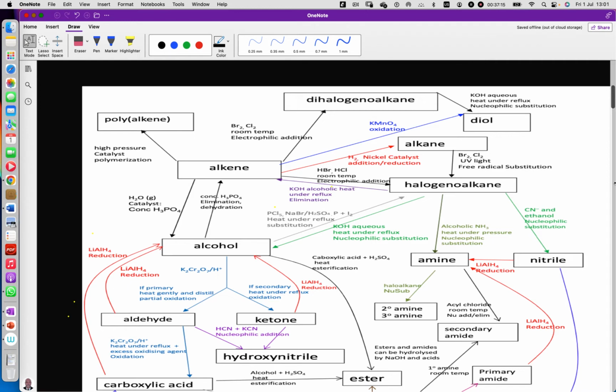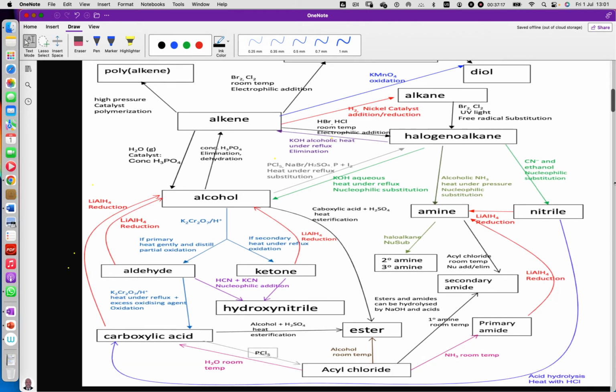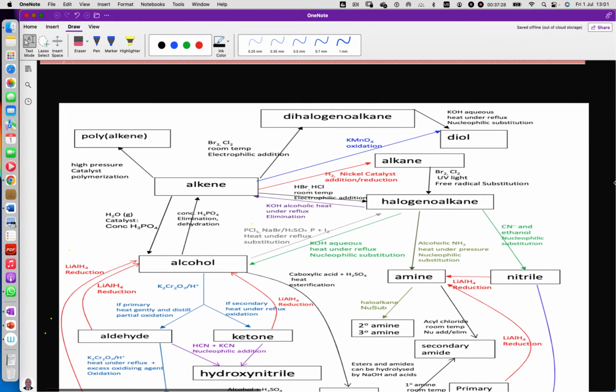Now there is one other thing on alkene, on the oxidation.